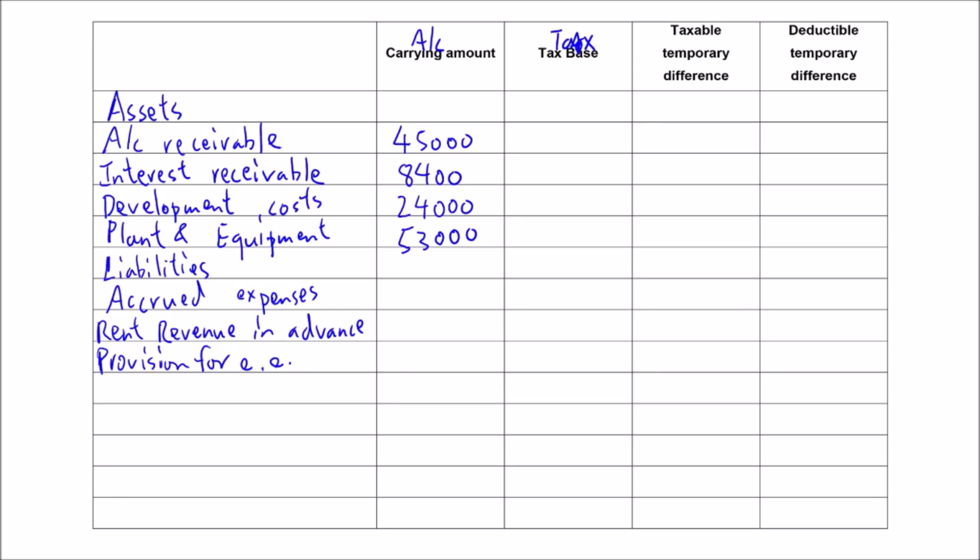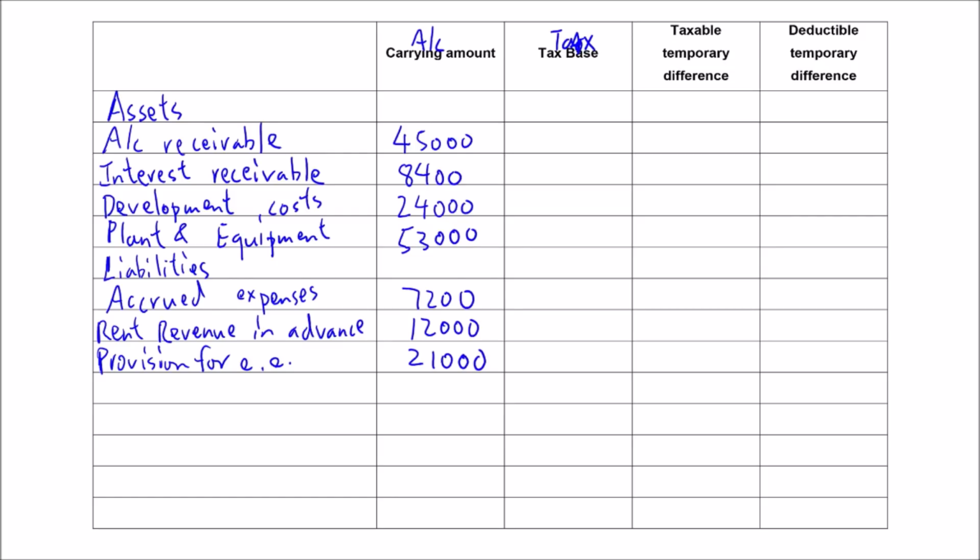For liabilities, we have 7,200 for accrued expenses, 12,000 for rent revenue in advance, and 21,000 for provision for employee entitlements. All this information you can get directly from the balance sheet because this is an accounting amount. The part that you need to figure out is the tax base.